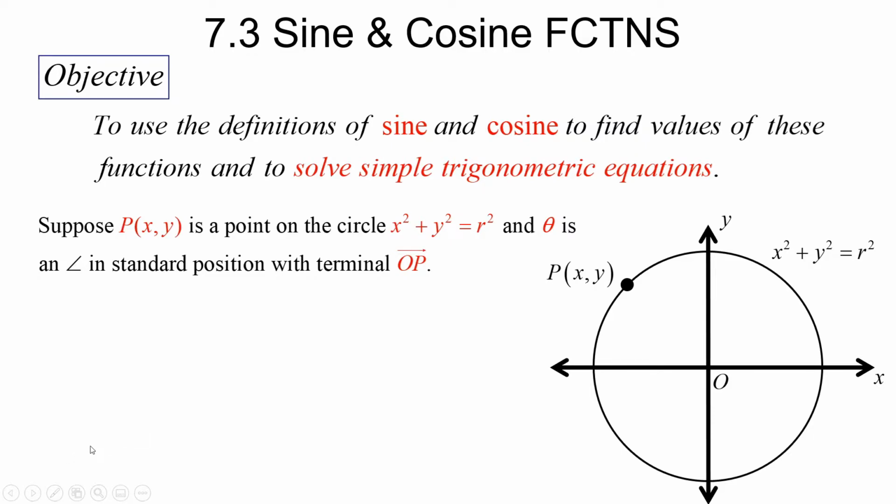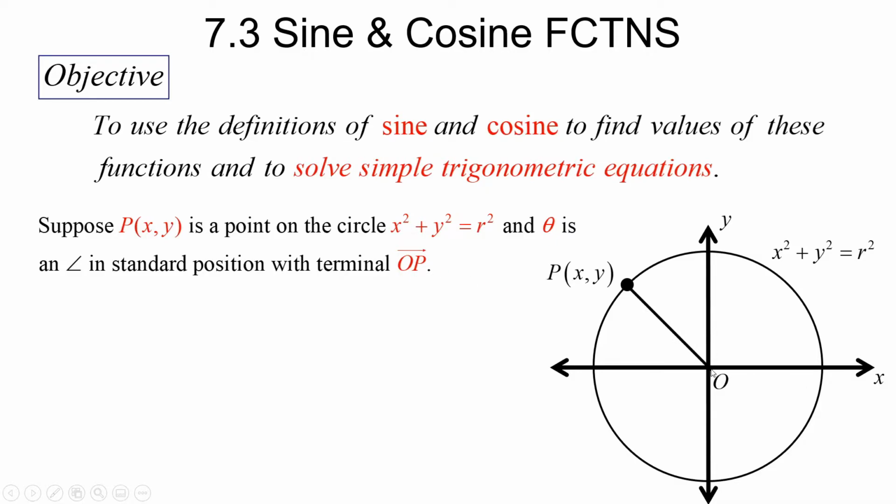Okay, now theta is an angle in standard position. That means its initial ray is the positive x-axis, and its terminal ray is, well, let's have that ray go through that point P, so the terminal ray is going to form a quadrant 2 angle with terminal point OP.